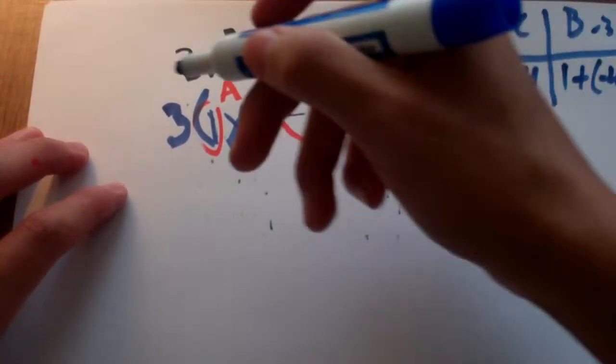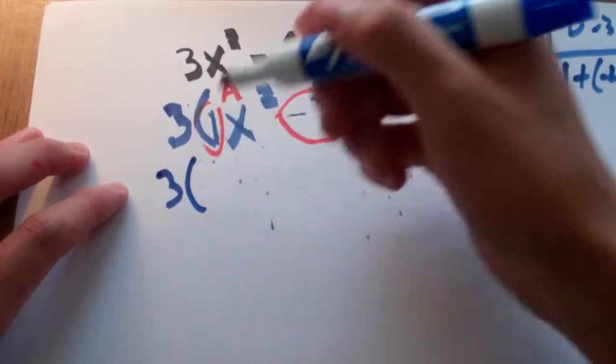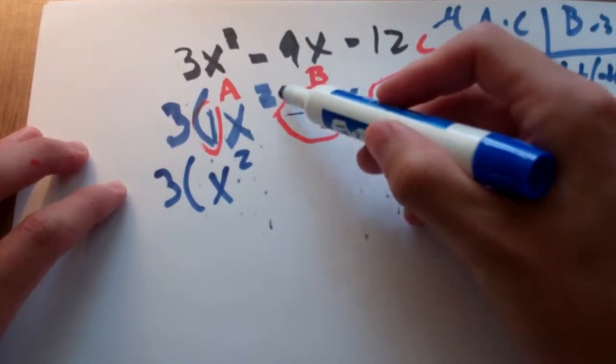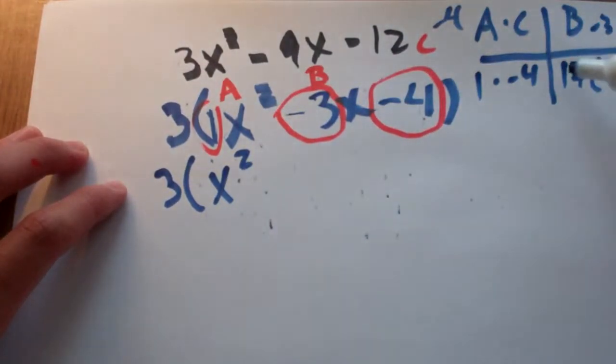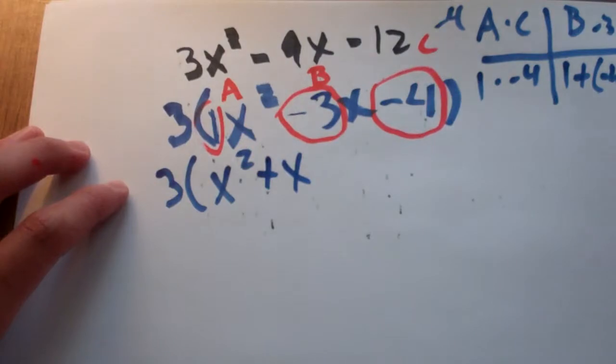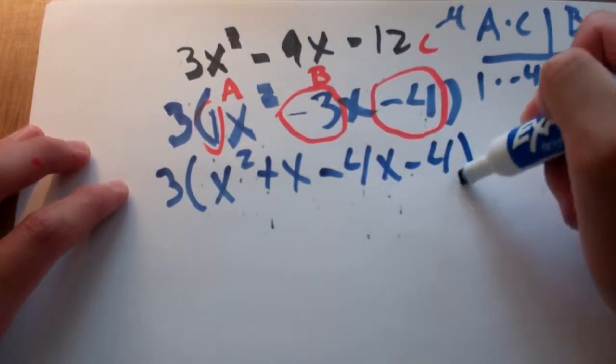Okay, so let me rewrite this. Let me say 3, and then we have x squared. And now this is the term that I am going to actually split up into these two numbers that I found. And so I have plus x minus 4x minus 4.